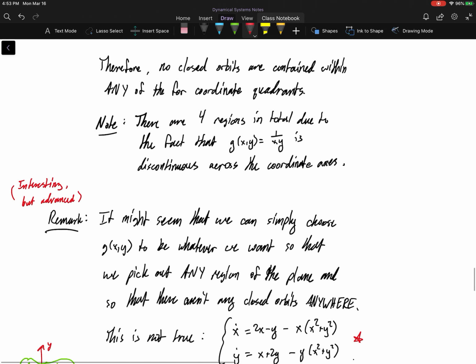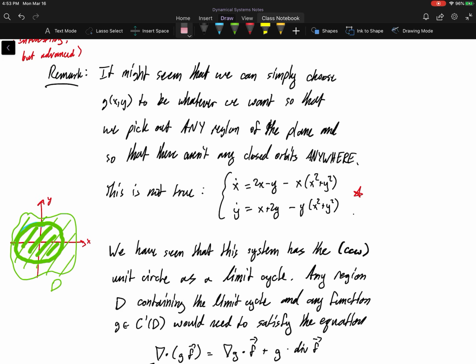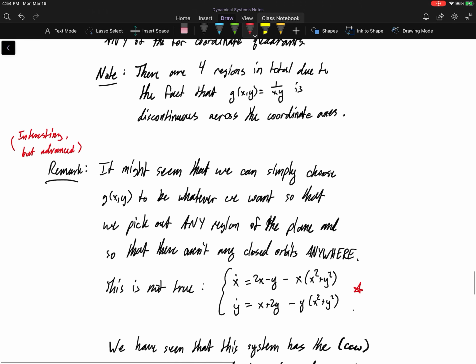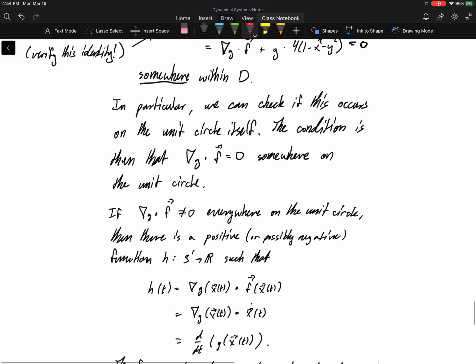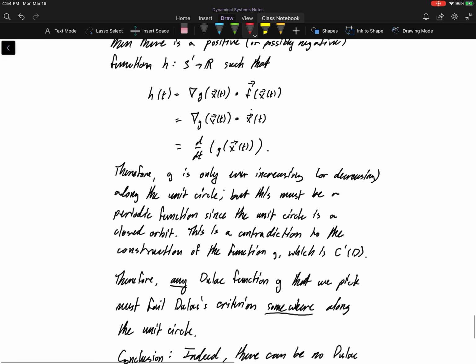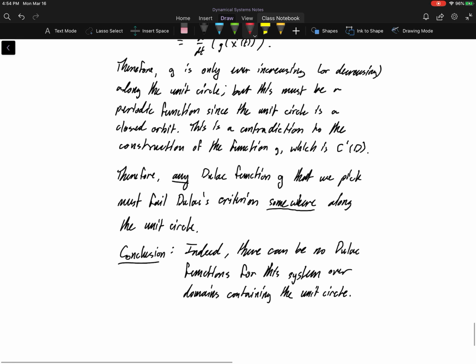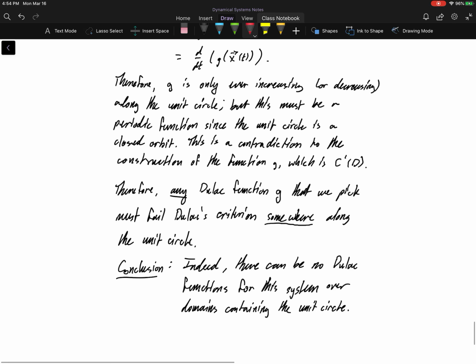And that would rule out this option that we can just play fast and loose with what domains we want to use or what Dulac functions might exist. So it's interesting but advanced. I'm not going to test you on this necessarily, but it's an interesting argument to wrap your head around. And that will do it for this section.